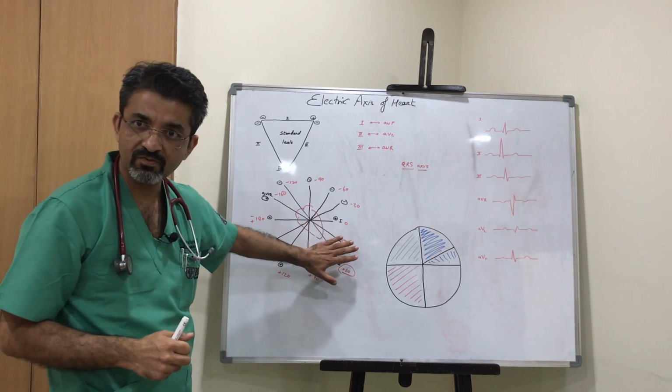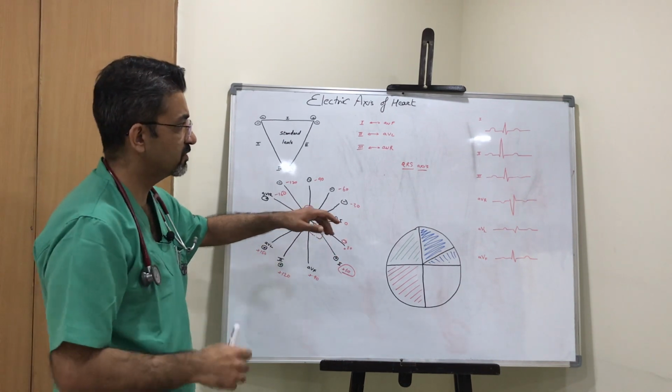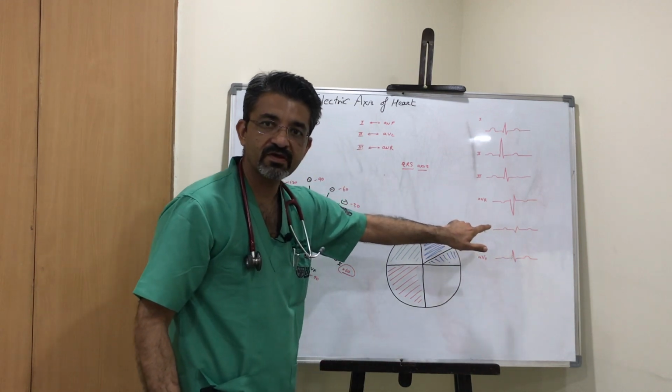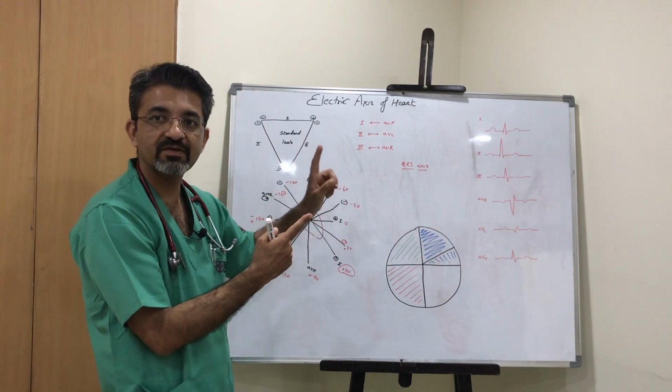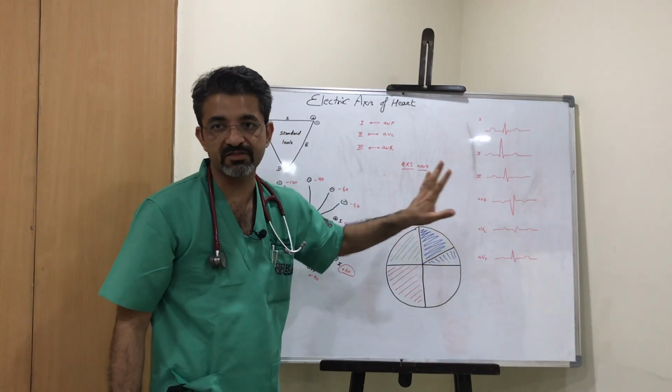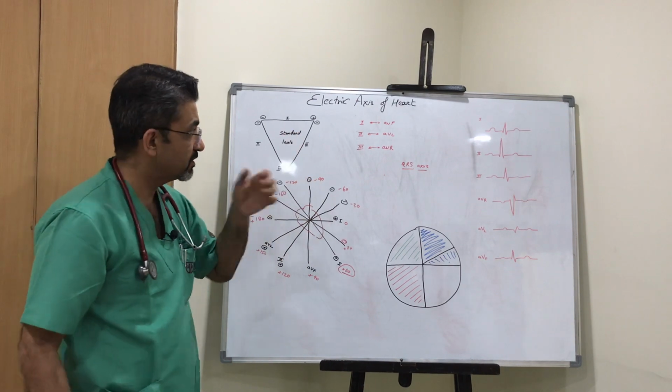This is clear? We have 30 degree differences. So the moment I have an equiphasic QRS, I try to find its pair in a perpendicular lead. This is the first way of finding the ECG axis, right?